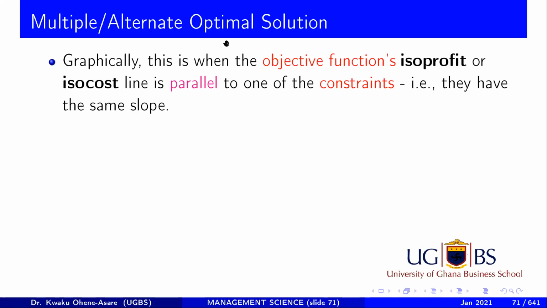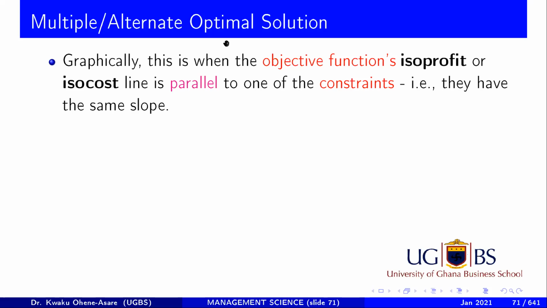What you do is shift the isoprofit line upward or downward until the last section, or the first section, is tangent to one of the corner solutions.